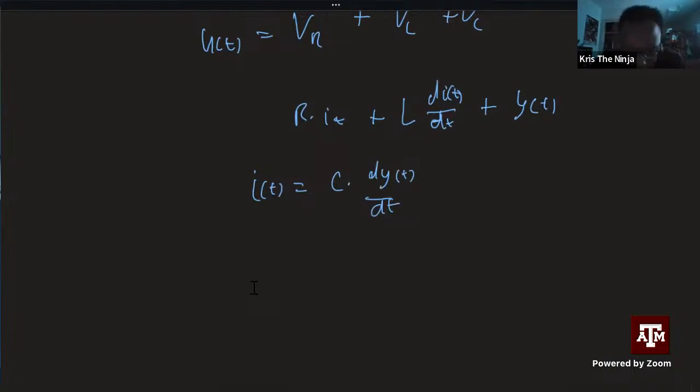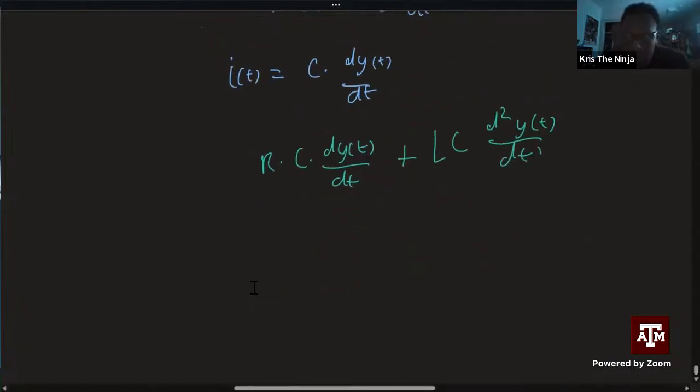Breaking this down even further, you really have R times C times dy(t)/dt. By the way, we're trying to get everything in terms of y(t), plus LC times d2y(t)/dt2.